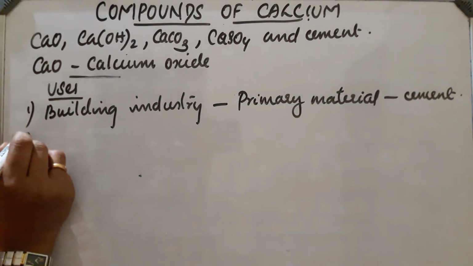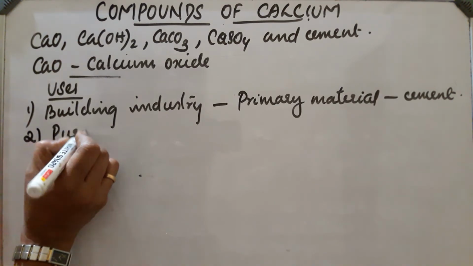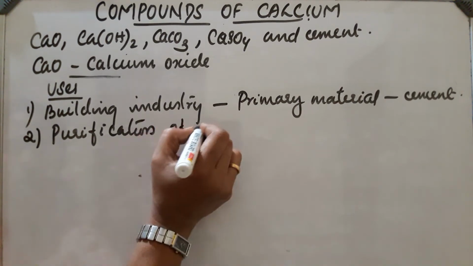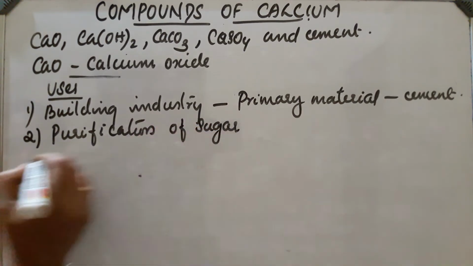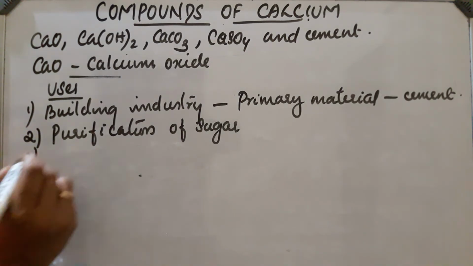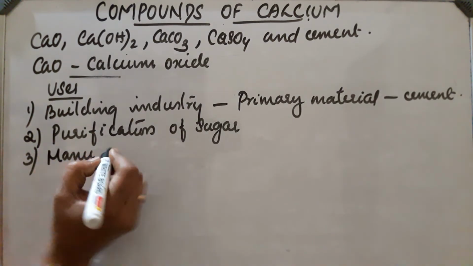Next, it is used in the purification of sugar. Third point, it is used in the manufacture of dyestuffs.